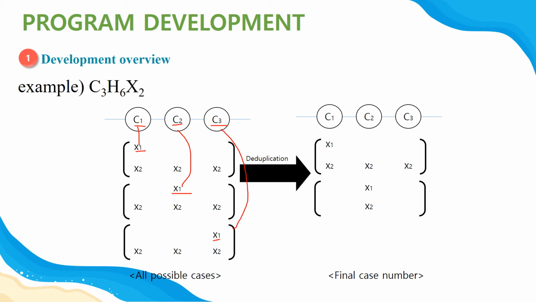There are three cases. And if we reconsider the case where X2 can be located, X2 at 1, 2, 3, for each of them. The total of 9 cases will appear.